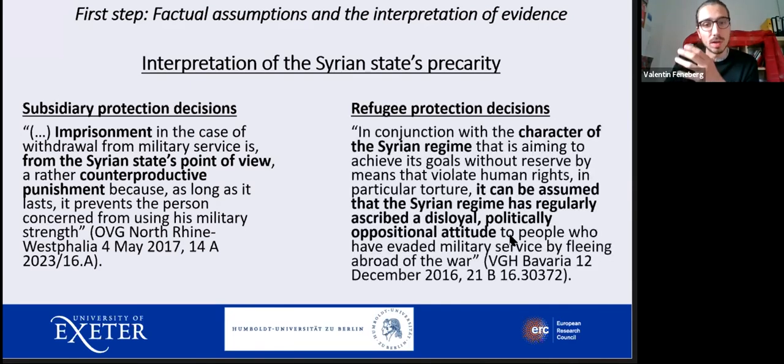I quote again from another decision: in conjunction with the character of the Syrian regime that is aiming to achieve its goals without reserve by means that violate human rights, in particular torture, it can be assumed that the Syrian regime has regularly ascribed a disloyal, politically oppositional attitude to people who have evaded military service by fleeing abroad because of the war.